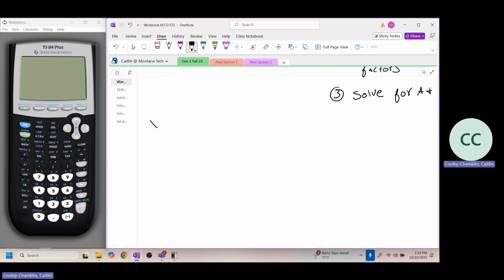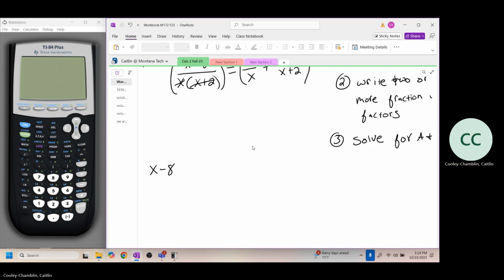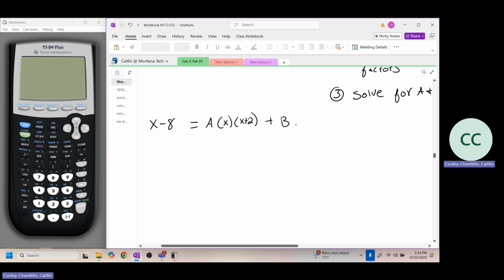So I have x minus 8 over here because these cancel. But on the top, we really have a times x plus 2. I want to write this out so you guys can see what's going on. Plus b times x plus 2 over x plus 2.